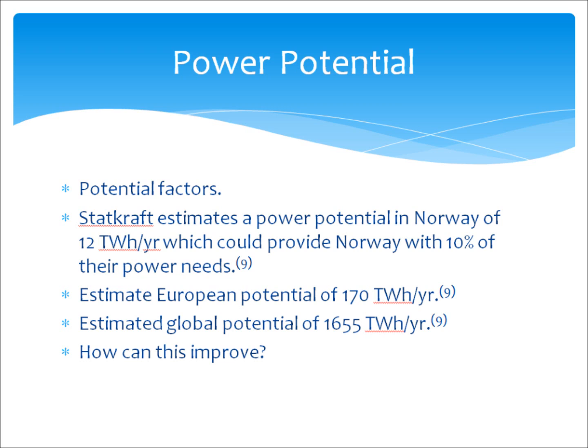It is estimated that the European potential is around 170 terawatt-hours per year, while globally the potential is estimated to be 1,655 terawatt-hours per year. There is, however, room for improvement. Increasing the water flow through the membrane also increases the energy. When the feed water and draw water are at higher temperatures, there is also an increase in energy.